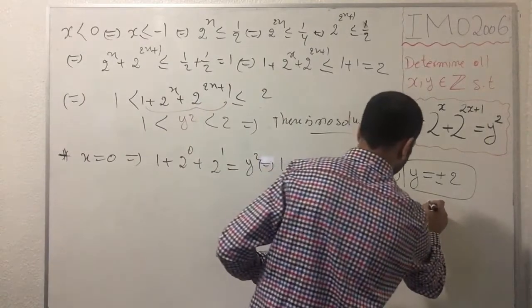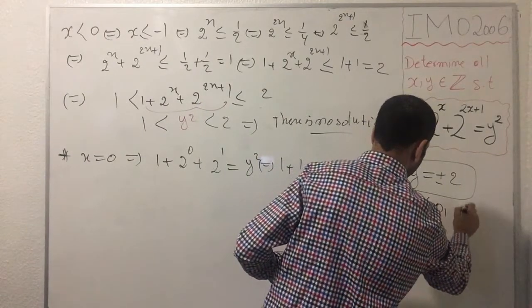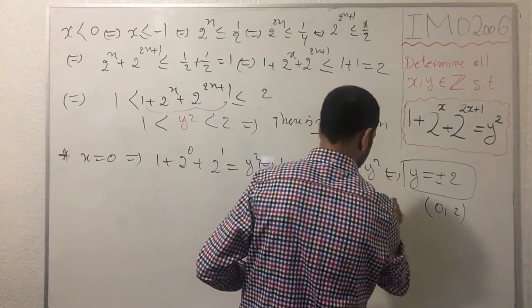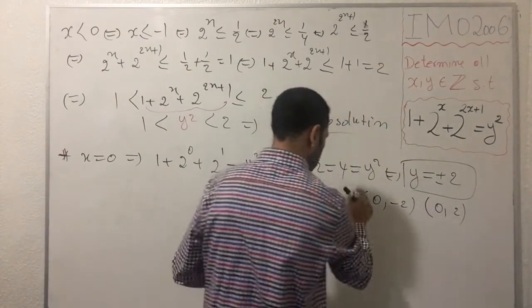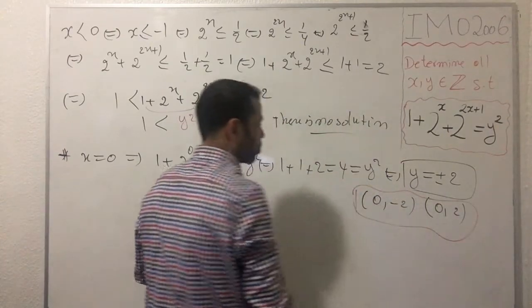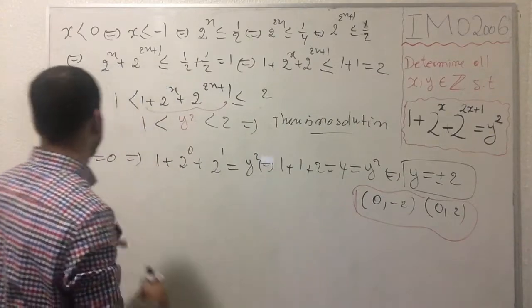So the solutions are (0, 2) and (0, minus 2) in the case of x equal to 0.